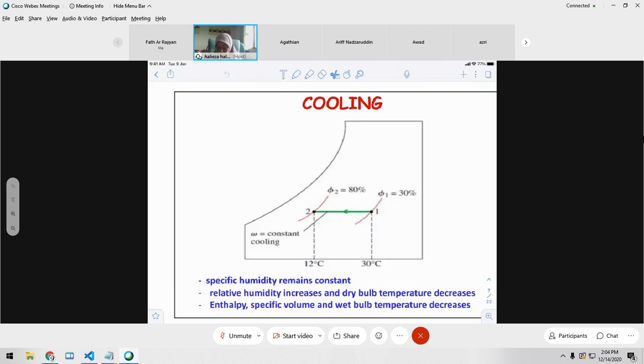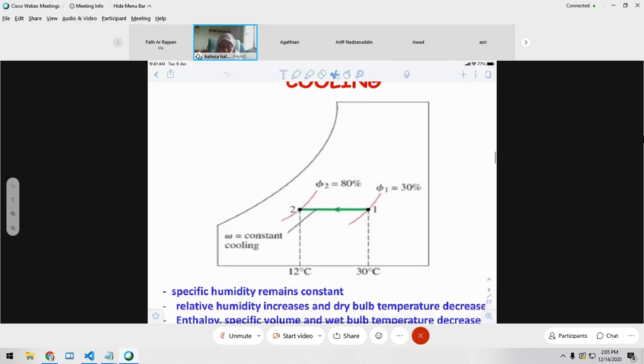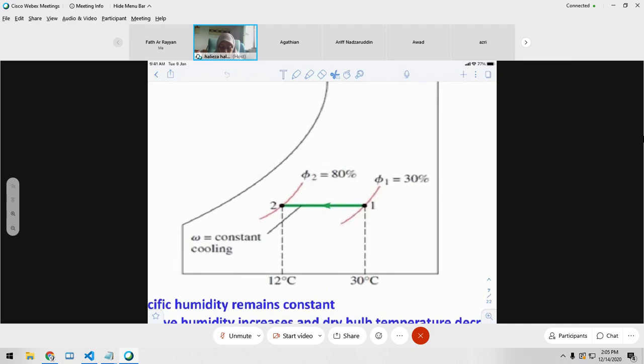You have this view of the psychometric chart, the simplified view, and what is going on is that you're going to cool it down from 30 degrees C to 12 degrees C. In doing that, you only move horizontally from your first location, your initial position, to the final location.